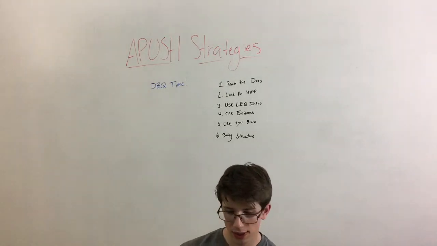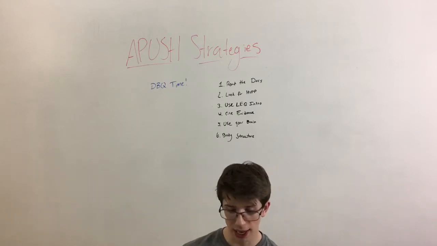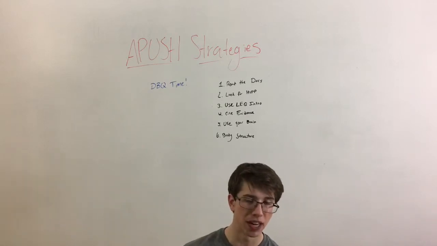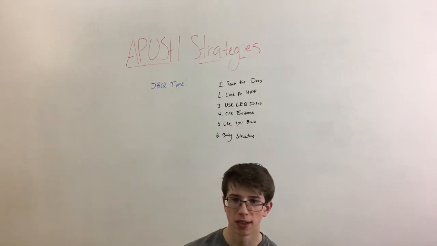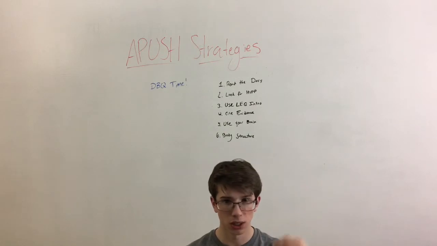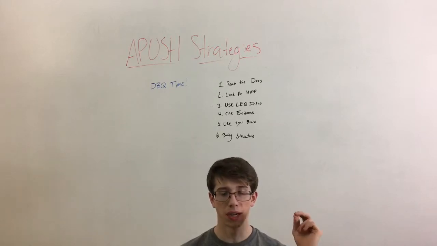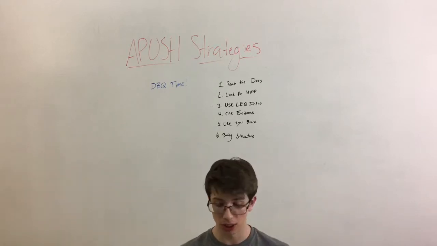Now, the first question you should ask is, is the document an image? Now, an image is any sort of depiction, like a chart, a political cartoon, a drawing, a picture, a painting, anything that doesn't have a paragraph in it would be considered an image.